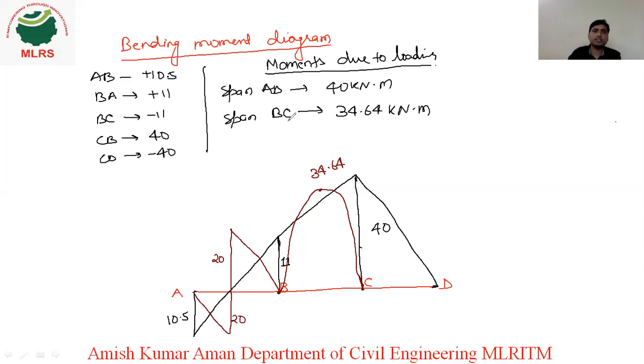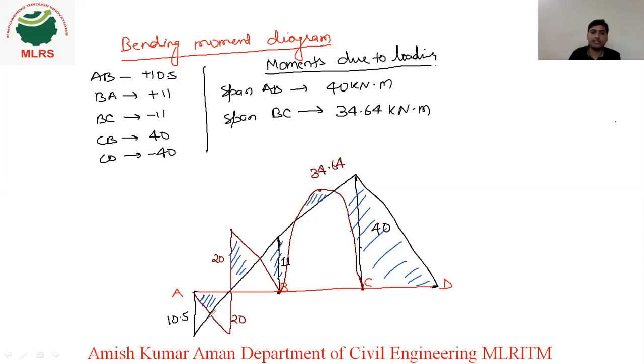Now mark the common regions. What are those common regions? Above this line, this is your common region, this is your common region, and this whole is your common region. Now let's see which will be positive and which will be negative.